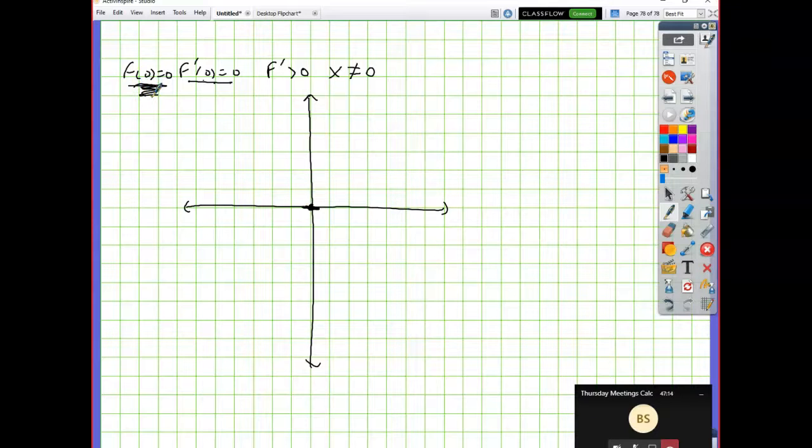When the function is 0, I get 0. What does that tell me? That the point is (0, 0). What does it tell me when I say my derivative at 0 is 0? The slope is 0. So I've got a flat spot right there. Okay, what does it say when f prime is greater than 0? That the slope is positive, everywhere but 0. What is that going to look like?